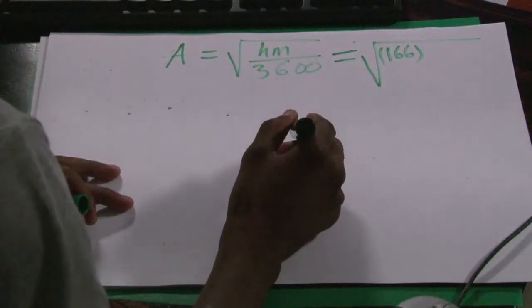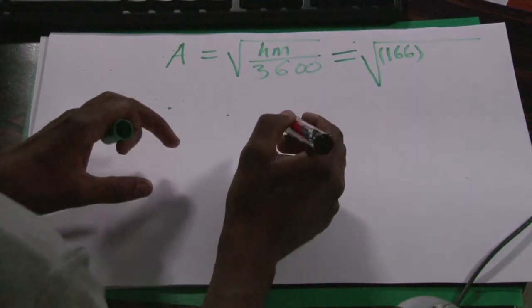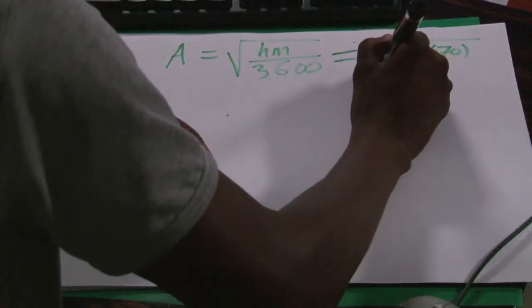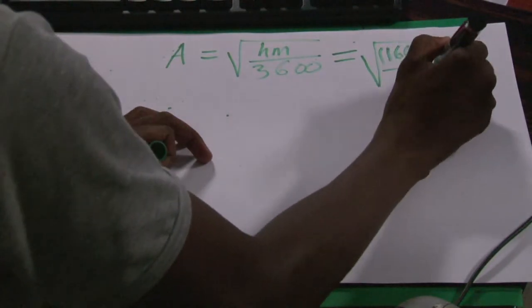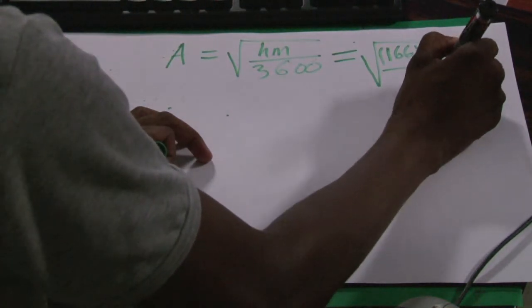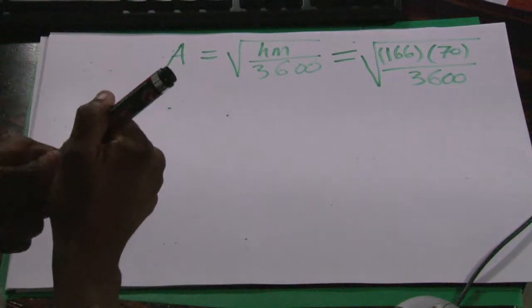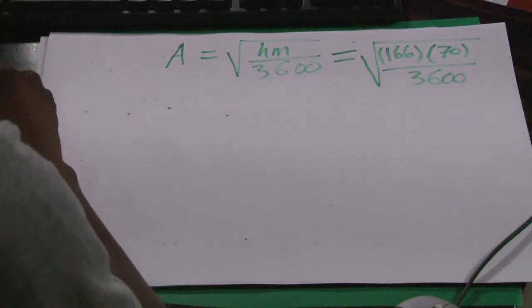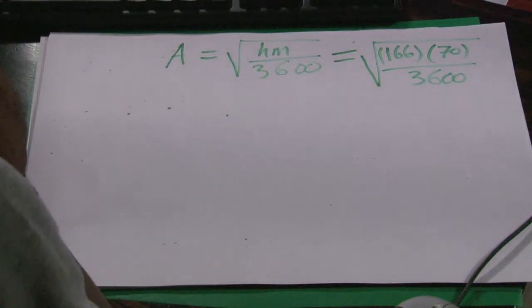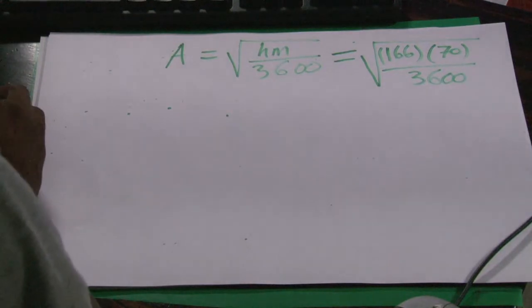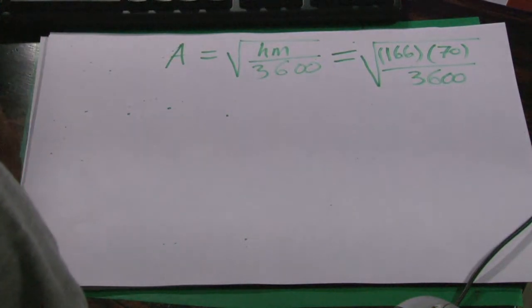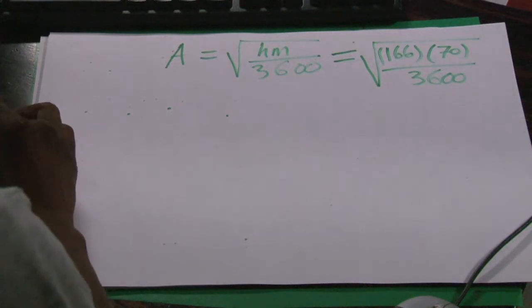Remember, when you're substituting, you should use brackets. m is 70, and then everything over 3,600. All right, that's what you have there. Let's use our calculator and punch in whatever we have. 166 multiplied by 70 over 3,600.